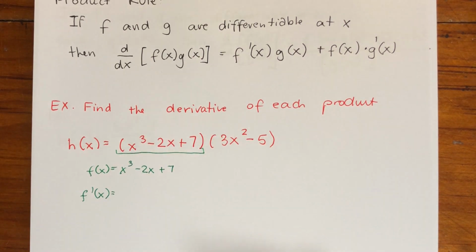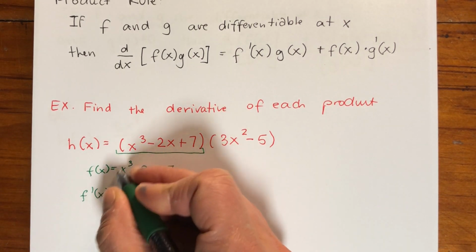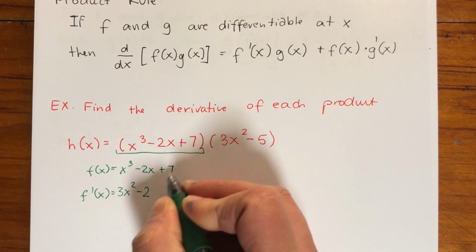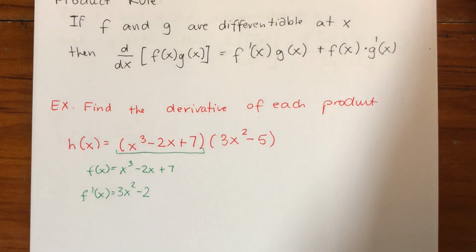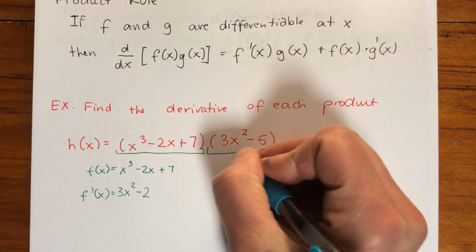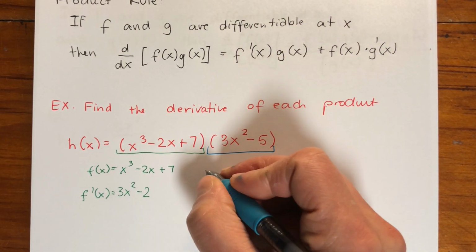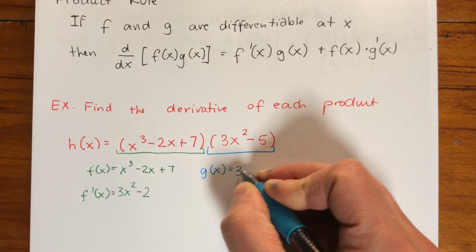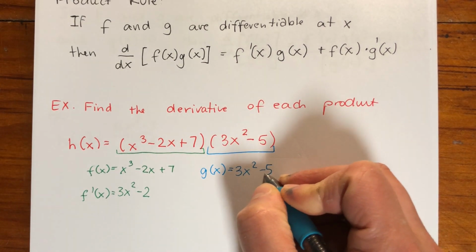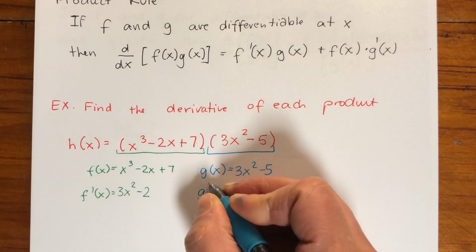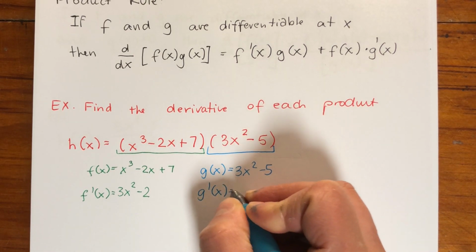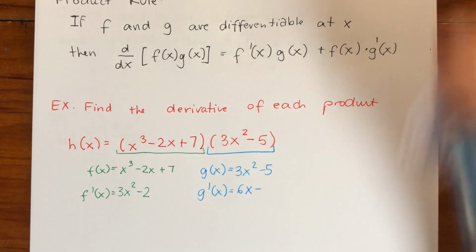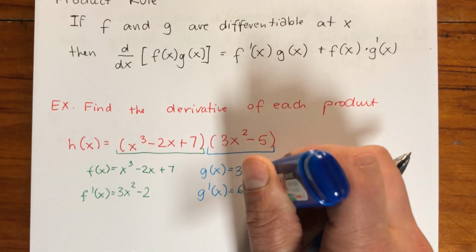So again, this is something you practiced yesterday. 3 goes in front, x to the power of 2 minus 2, the 7 disappears. Now, then I am going to take the second one, and I am going to call it my g of x. 3x squared minus 5. And then what is the derivative of this function? 6x minus nothing. Well, I'm going to take that away.